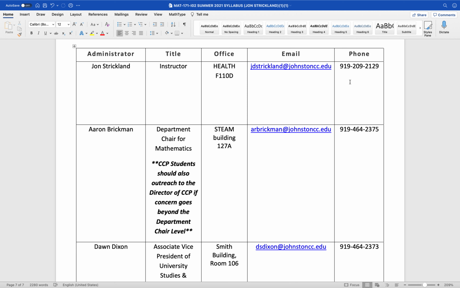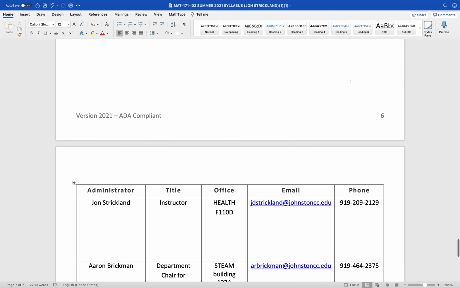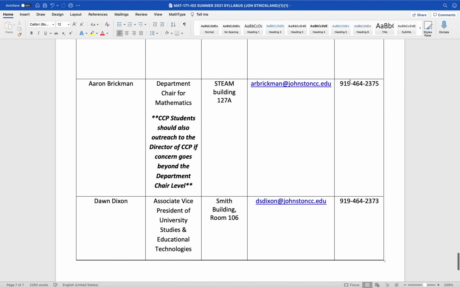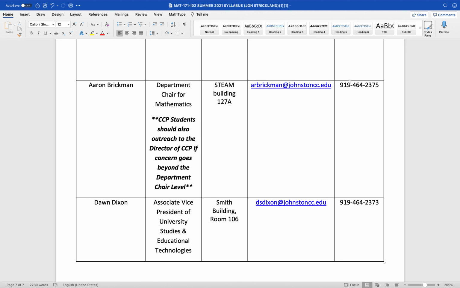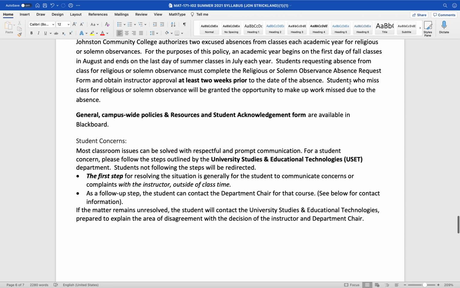Also, if anybody needs to contact someone regarding any concerns, whether from an advising standpoint or a program standpoint, if you have any student concerns, most classroom issues can be solved with respectful and prompt communication.